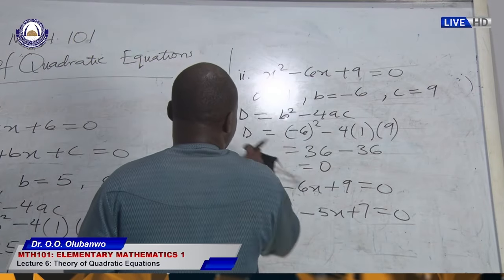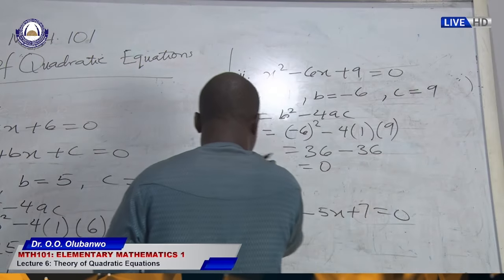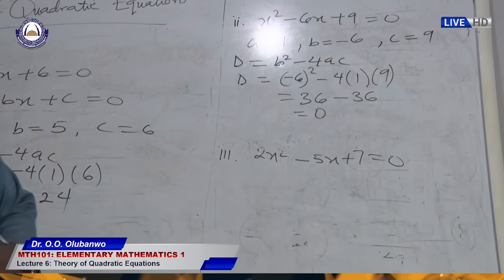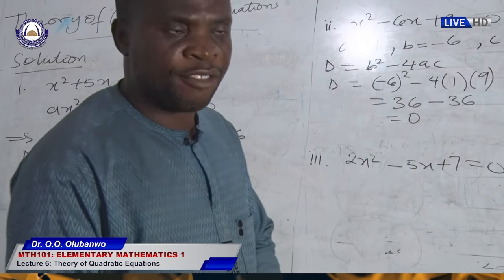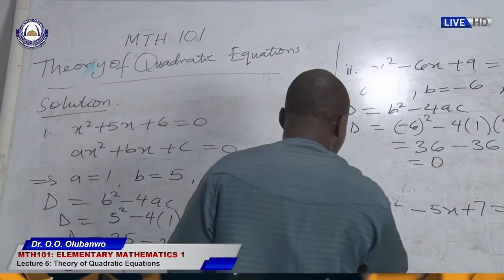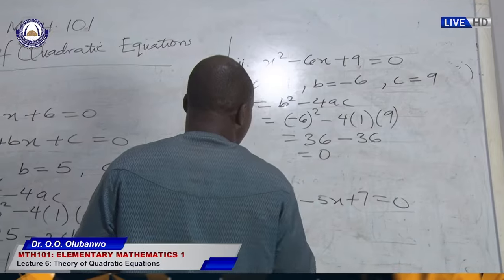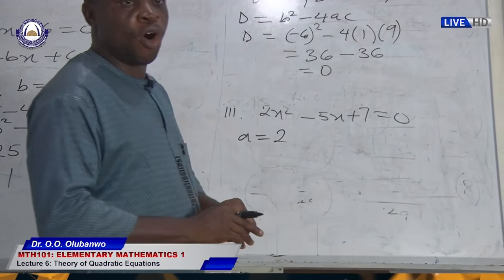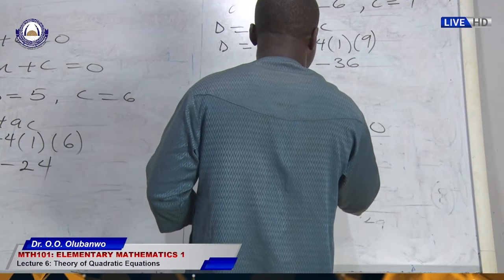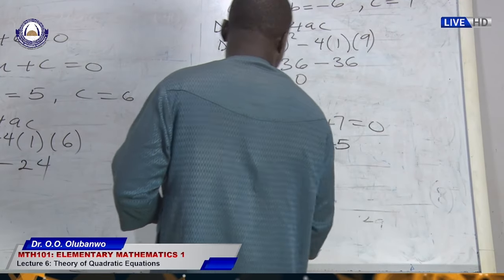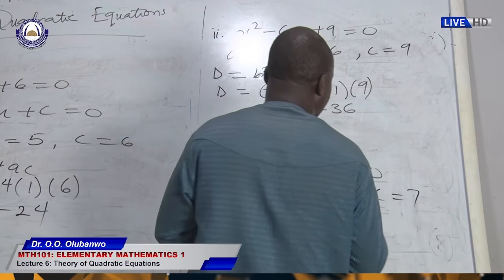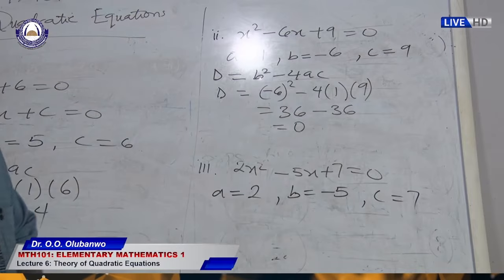Now, the last but not the least, which is 2x squared minus 5x plus 7 equals 0. Following the same principle, our A is the coefficient of x squared, which is 2. Our B is negative 5, which is the coefficient of x. Our C is 7, that is the constant term.